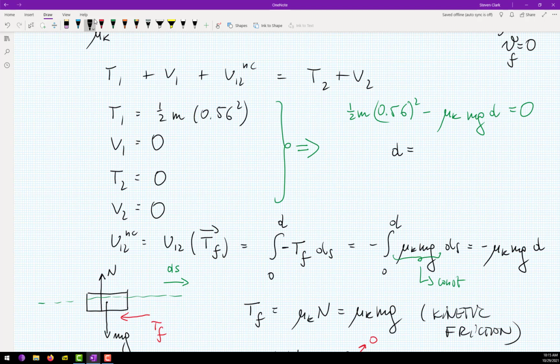d is equal to 0.56 squared divided by 2 mu k g. Plug in values, and we obtain that d is approximately 0.04 meter.